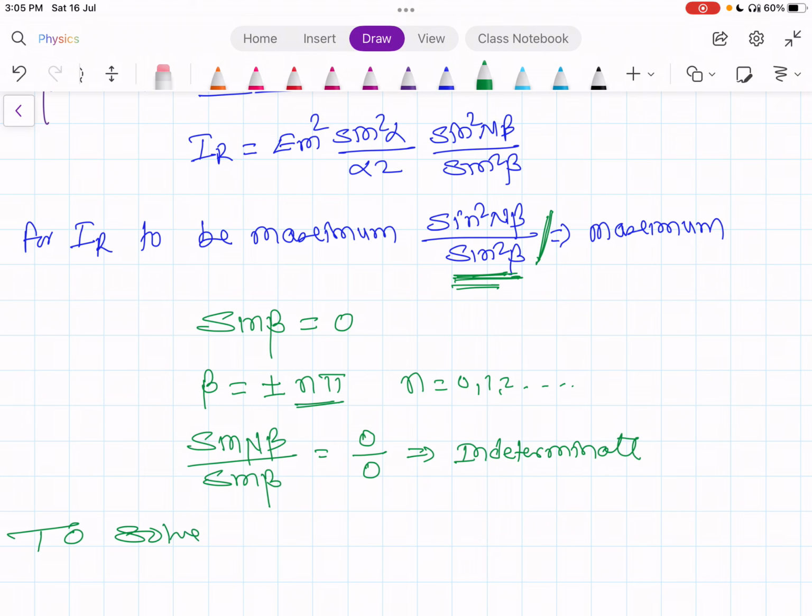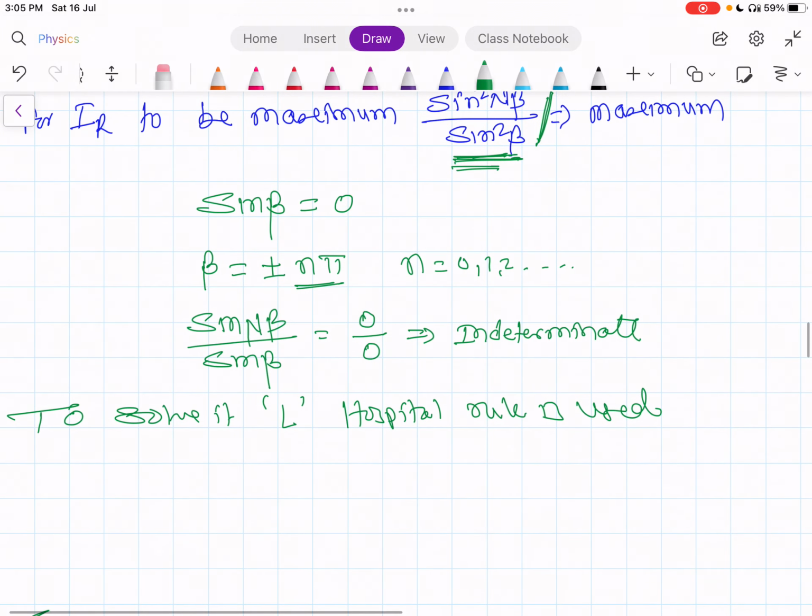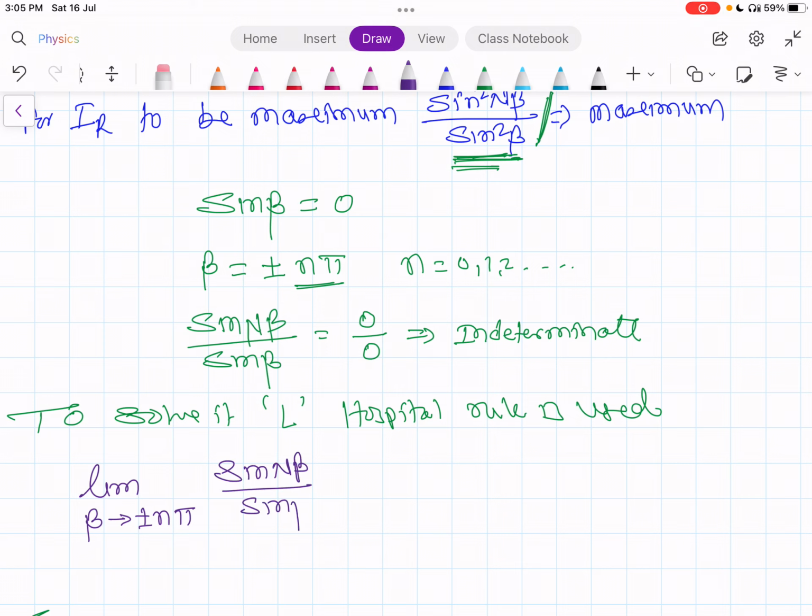To solve it, L'Hospital's rule is used. And according to L'Hospital's rule, the limit as beta tends to plus minus n pi of sine n beta upon sine beta is equal to the limit as beta tends to plus minus n pi.